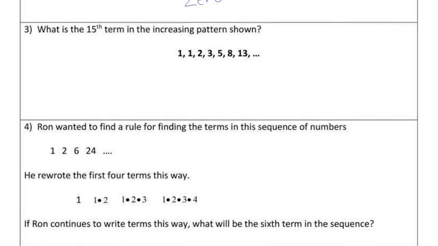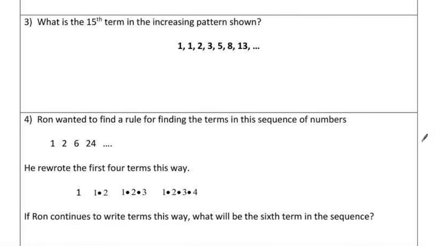Number 3, what is the 15th term in the increasing pattern shown? This is the Fibonacci sequence, and the way that I can pick that out is I have double ones out front. So it goes 1, 1, and then 2, 3, 5, 8, and 13, and it wants the 15th term.